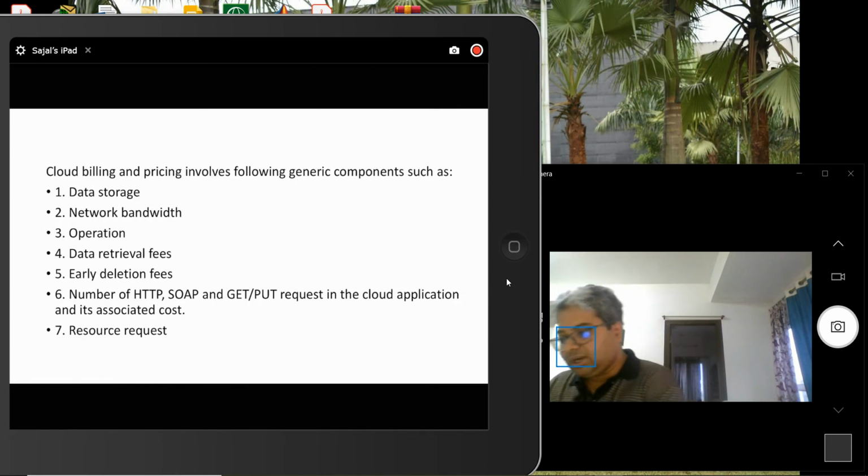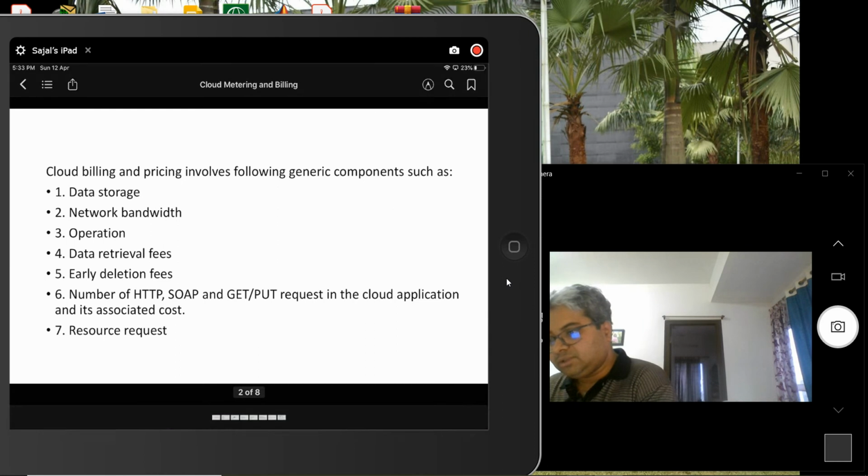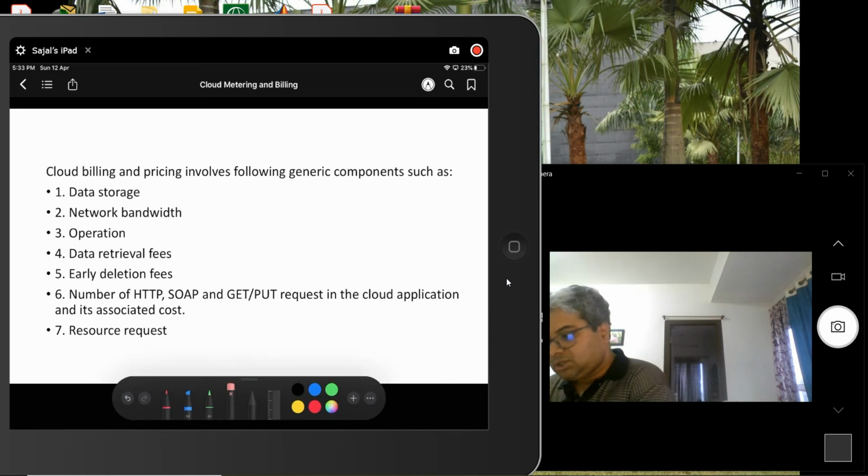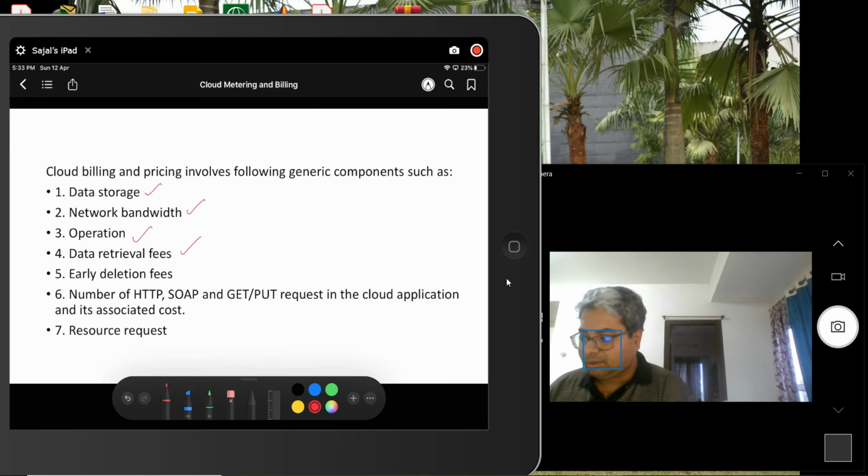These generic components are data storage, the network bandwidth, operations, data retrieval fees, how your data is being retrieved from the mirror server, and the early deletion fees.